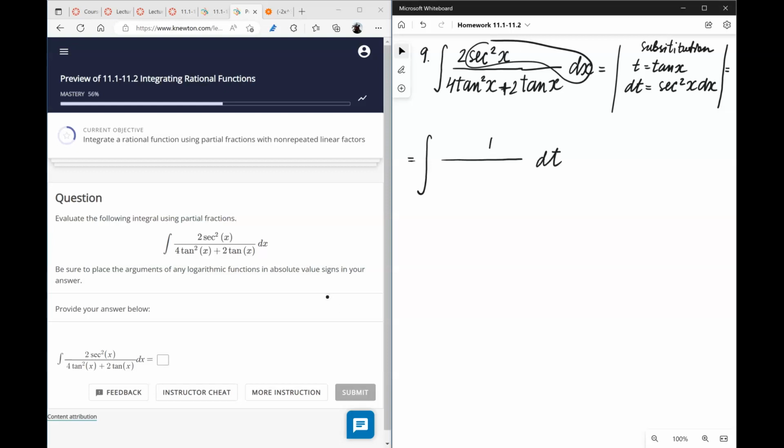The 2 is gone, and in the denominator we have 2t squared plus t.